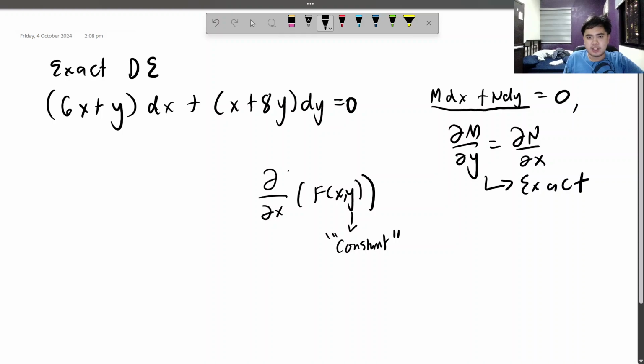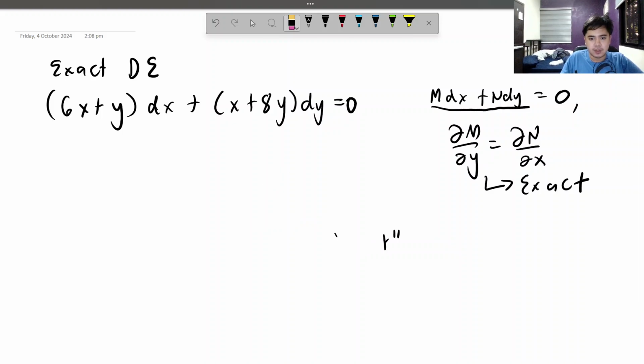Again, it's not actually a constant, it's a variable, but we treat it as a constant because we're only differentiating with respect to x. Ergo, we're trying to find the change with respect to x, not with respect to y. And the inverse is true. If we find the partial derivative with respect to y, we treat x as a constant. So that's the partial derivatives done.